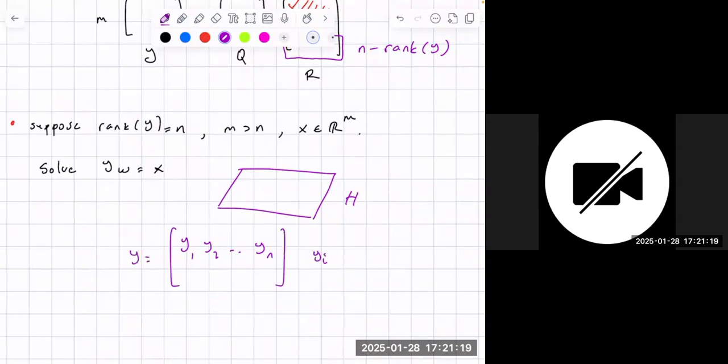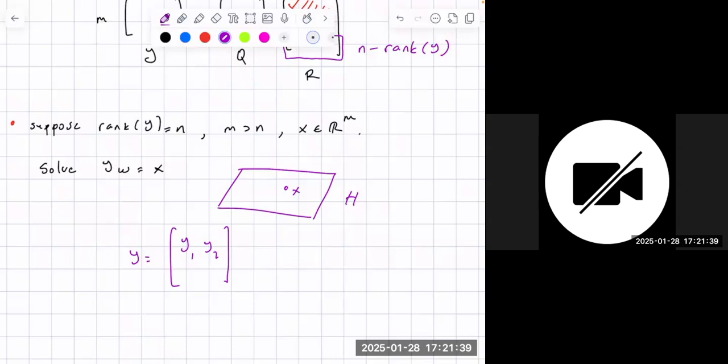And all these vectors are living in, say, R m. In this H case, maybe I have only 2 to make it look like H. And then somebody gives me, say, a point that is already here.